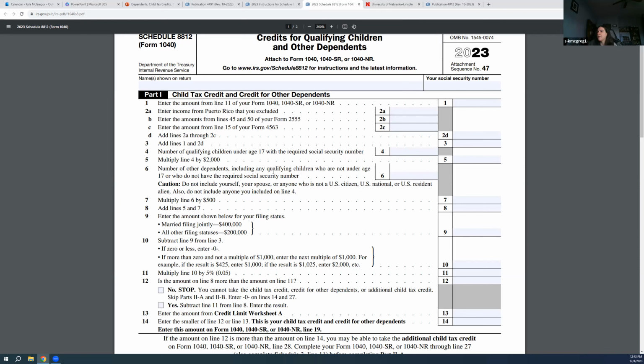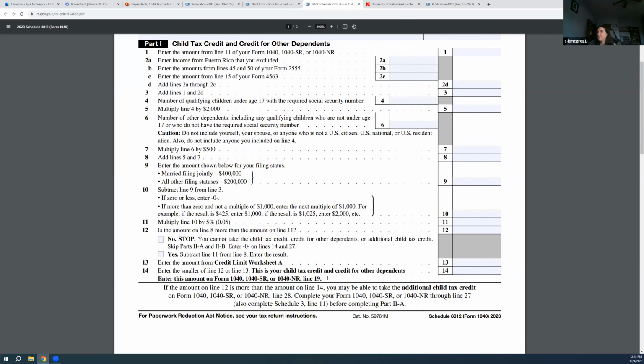The number of children over 17 or who's considered relative, and it'll multiply that by 500. So the child tax credit and the credit for other dependent both get calculated on here. And then it'll go by, is their income too high or not? And then it'll limit the amount based on what their tax liability is. And then it'll show you the total amount of the credit that can be taken.